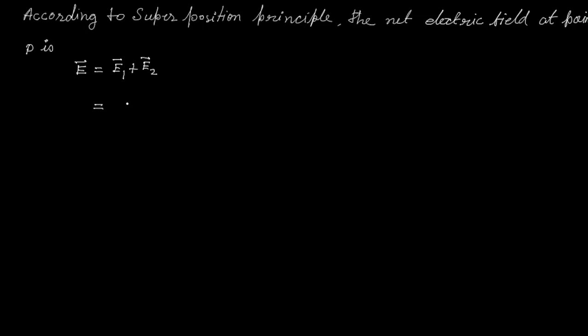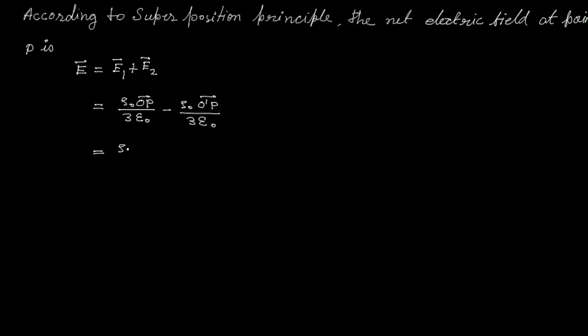So now what is the value of E1? E1 is rho naught OP vector divided by 3 epsilon naught. And what is the value of E2? It is minus rho naught O dash P vector divided by 3 epsilon naught.